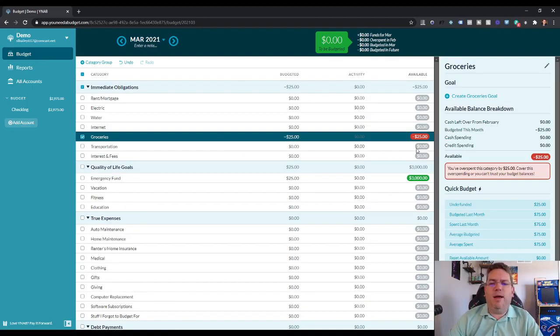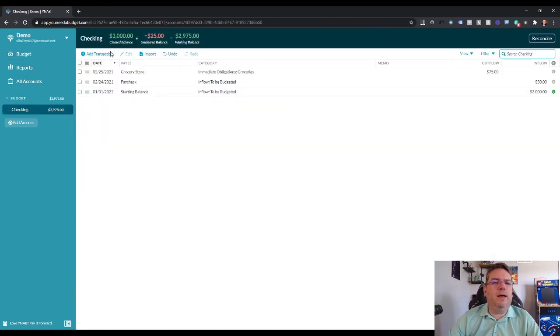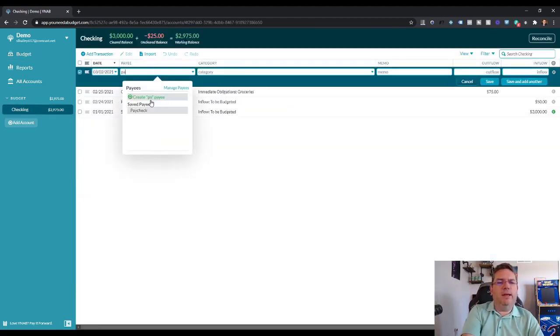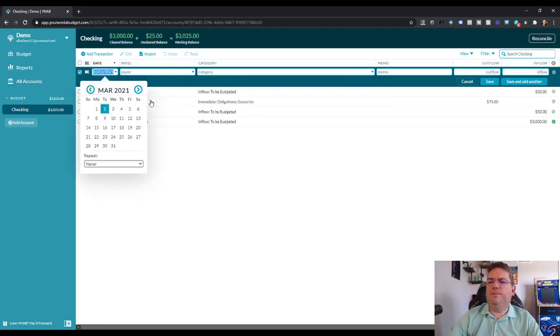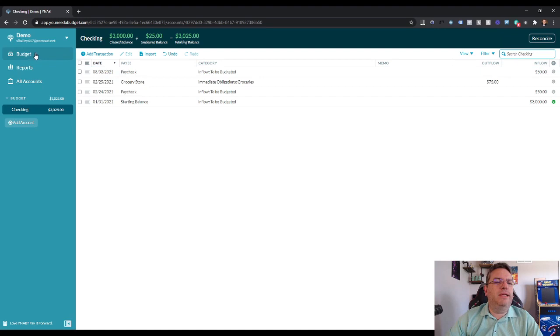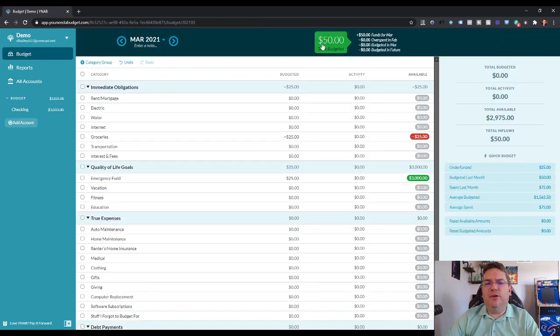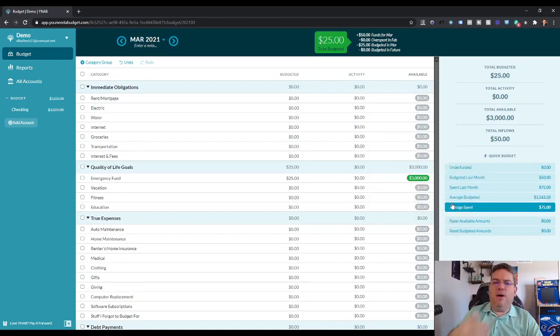So now when I come in, I see this negative $25. Now when I come into my checking account and I record my paycheck as a $50 inflow, what I will see is I have $50 to be budgeted. And the first thing I will do is I will click on this and I will plug that hole. And now I will see.